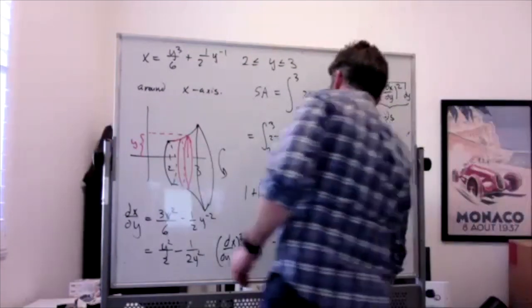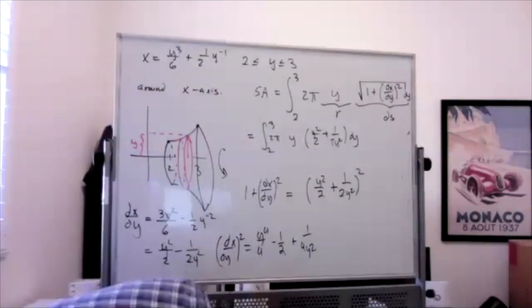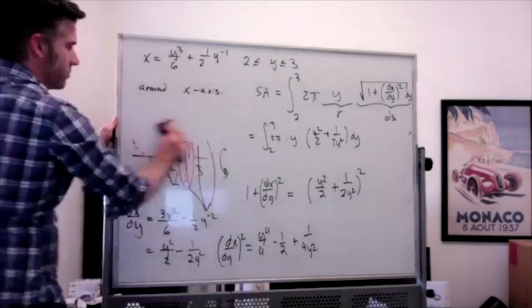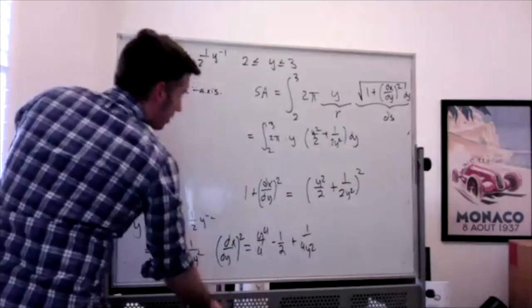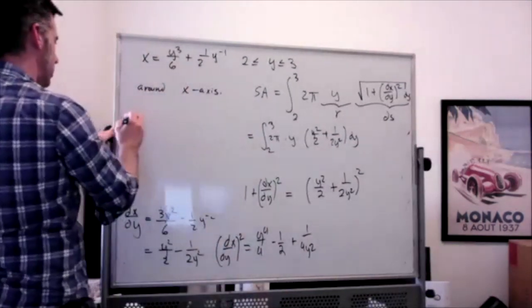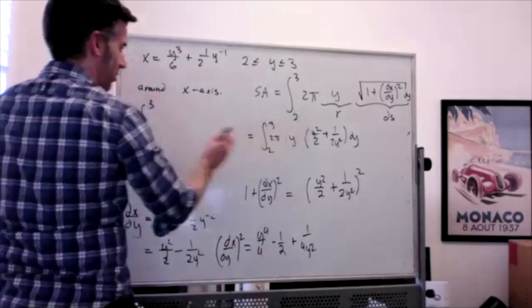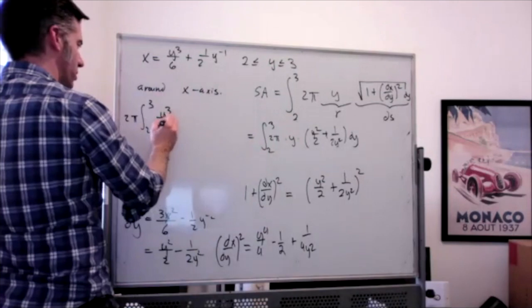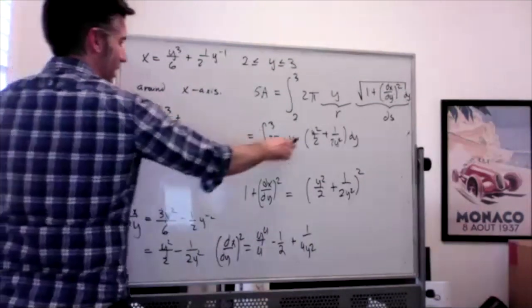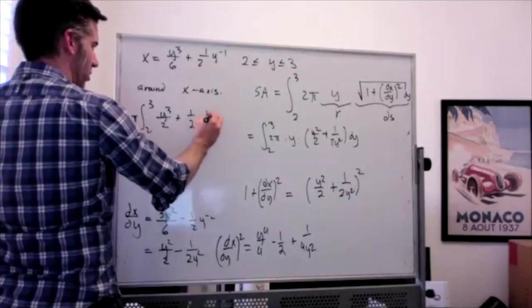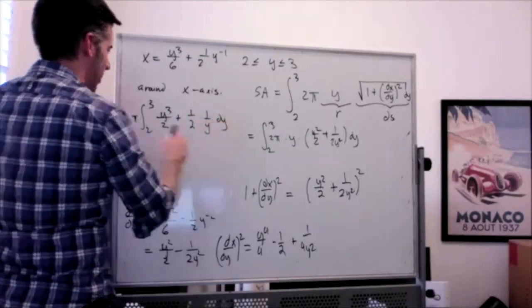So then you have to multiply it out. So multiplying it out, you get 2 pi integral from 2 to 3 of y times y squared over 2, which is y cubed over 2, and y times 1 over 2y squared, which is 1/2 times 1 over y. And then we integrate this.